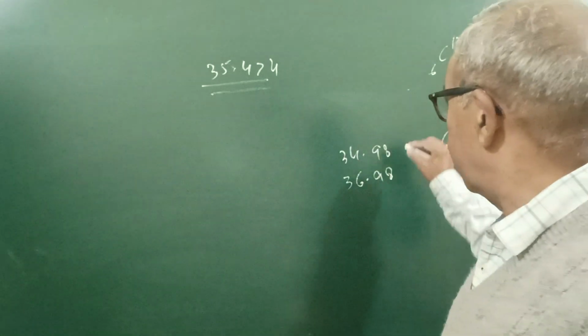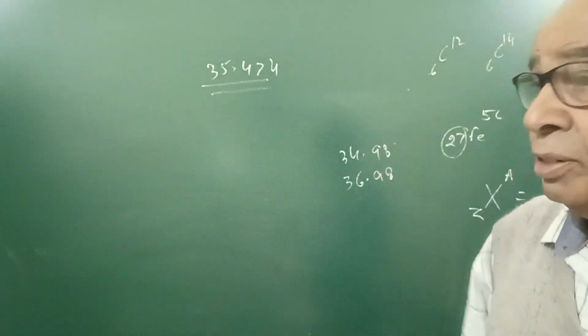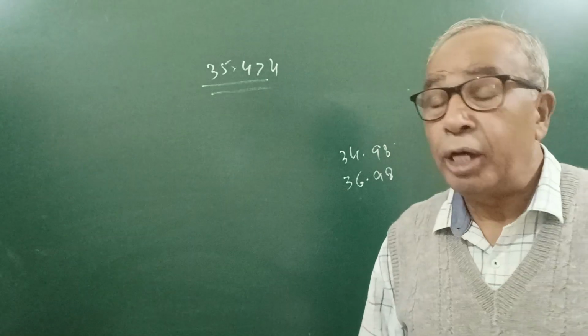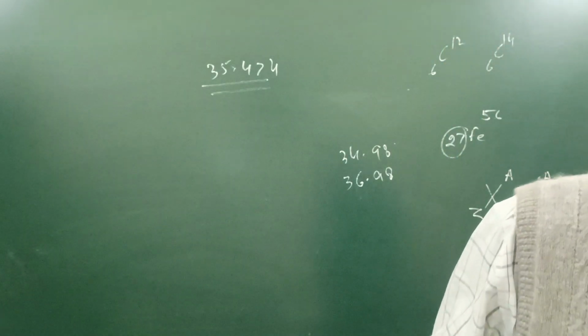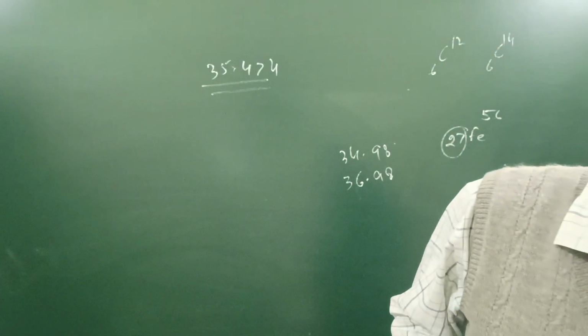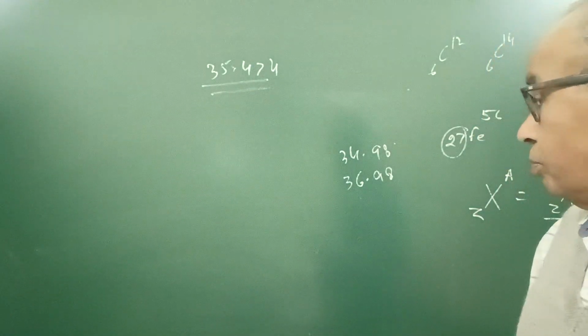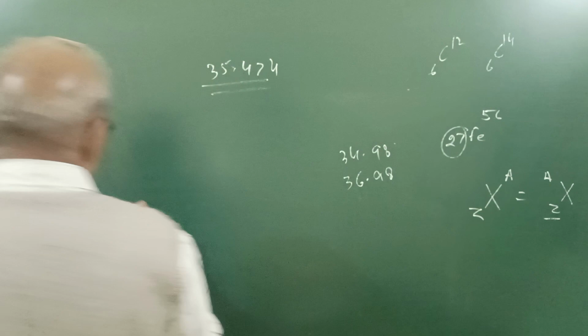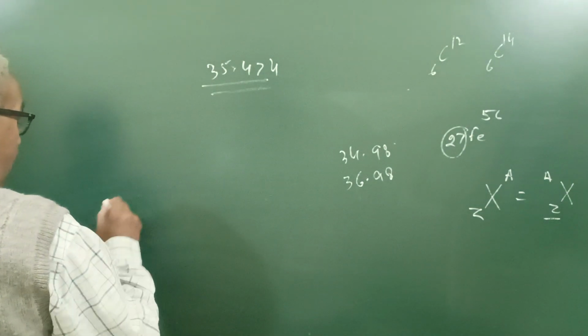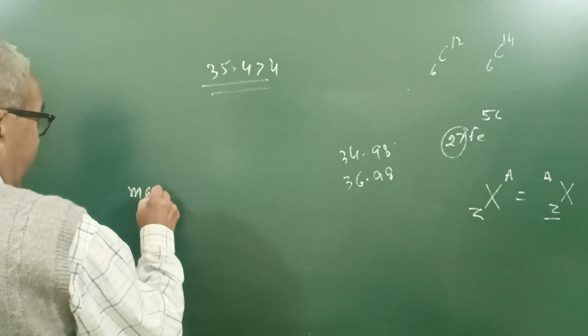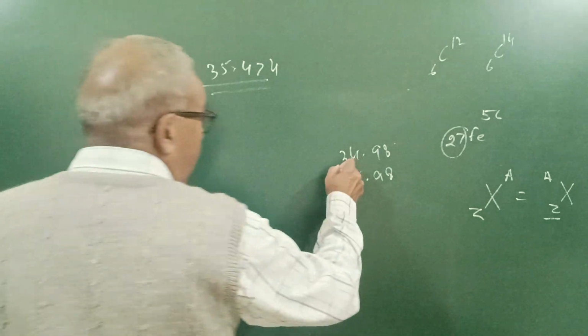These are the atomic masses of the 2, and their abundance, in what ratio they are found in nature, is 75.4% and 24.6%. So the average atomic mass will be the average of these.